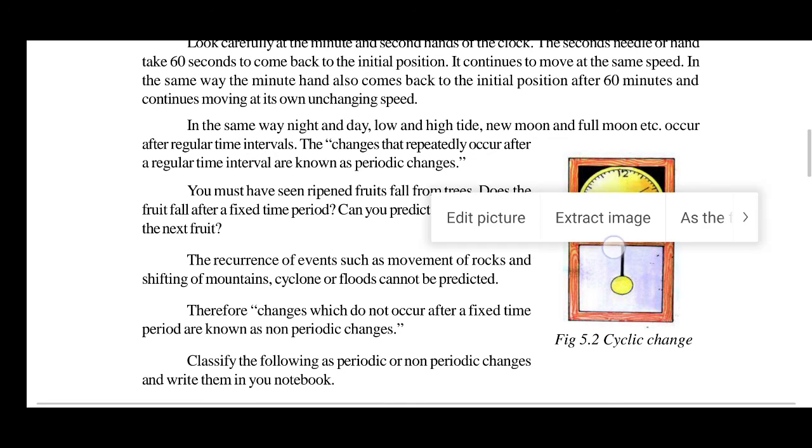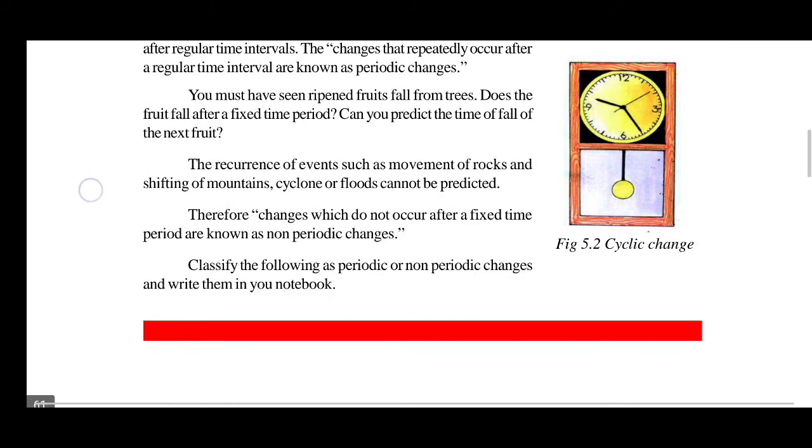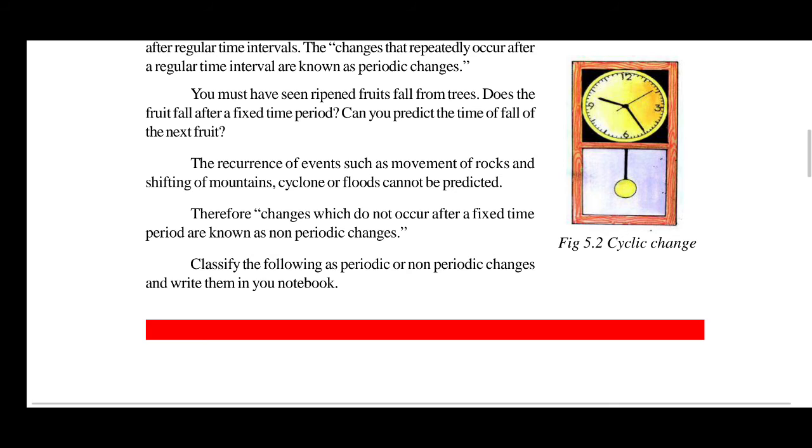Now, we must have seen ripened fruits fall from trees. Does the fruit fall after a fixed time period? Can you predict when the next fruit will fall? No, we cannot predict it, right? So this is a non-periodic change.